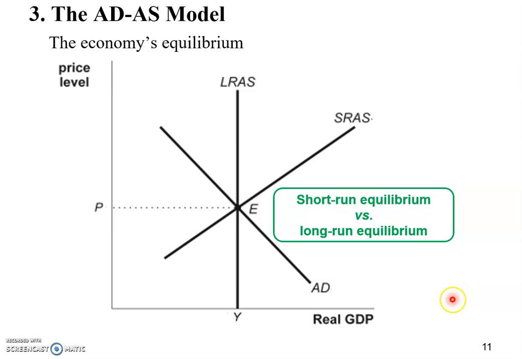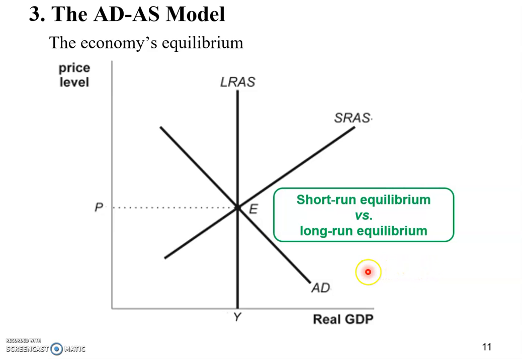All right. Now, once we understand how we're using the graphical tools to show business cycles, including contraction, expansion, and the long-term equilibrium, we're going to talk about the shift of these curves.